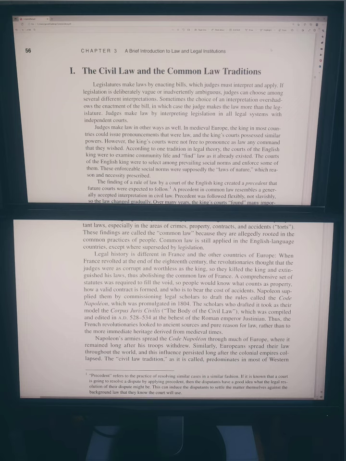In England, the jury has been abolished in almost all civil trials since 1966, except in cases involving defamation, but it is often used in criminal trials.